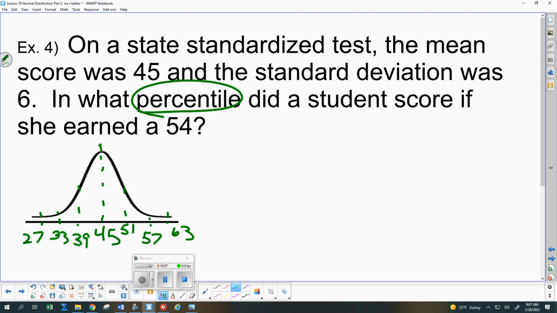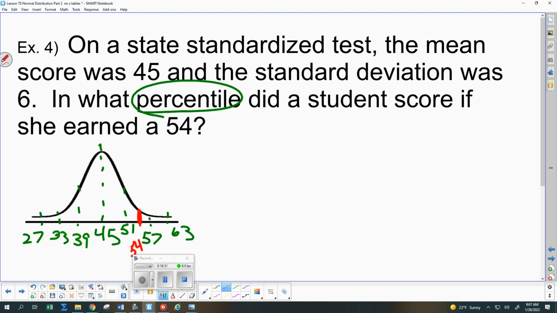And we want to know the percentile if a student scored a 54. Okay, so 54 is what I'm interested in. That's right there halfway in between the 51 and 57. Percentile means higher than what percent of others.